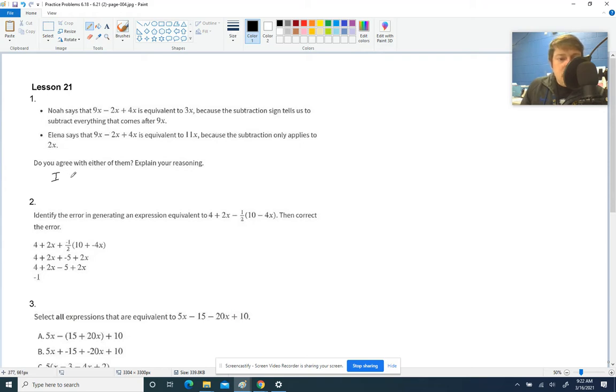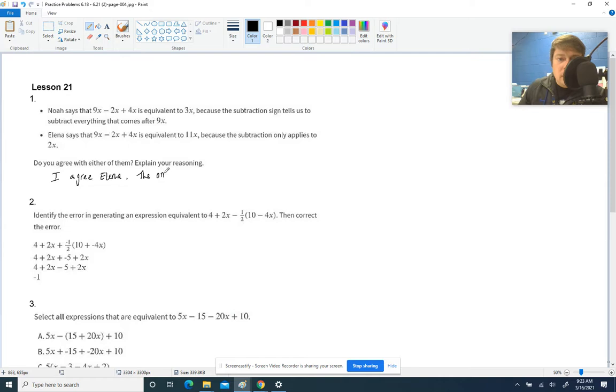I agree with Elena. The only time that a minus sign affects more than one thing that follows it is if it's followed by a group. I'm going to write that down.